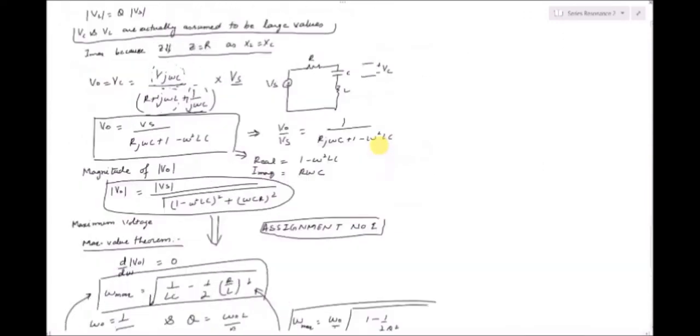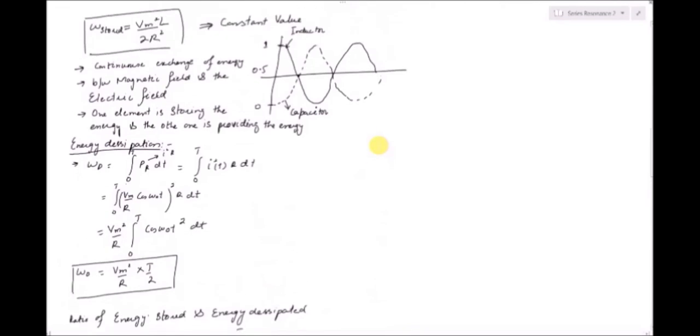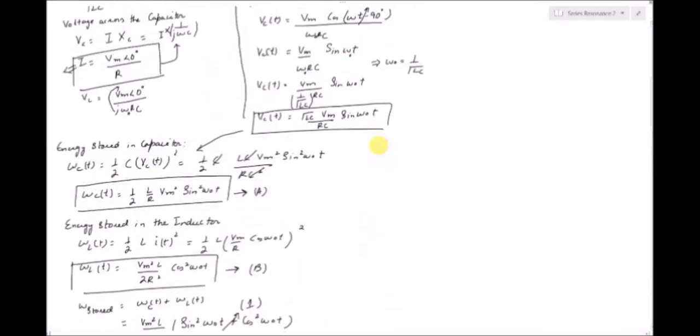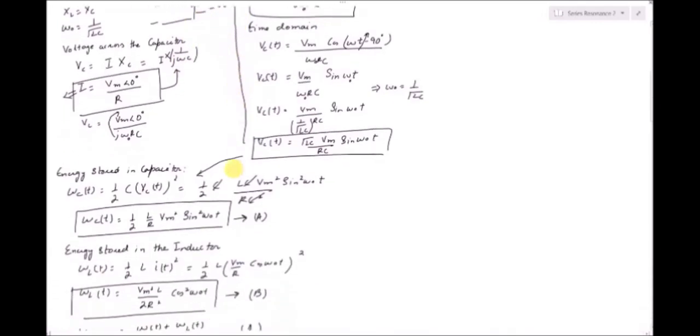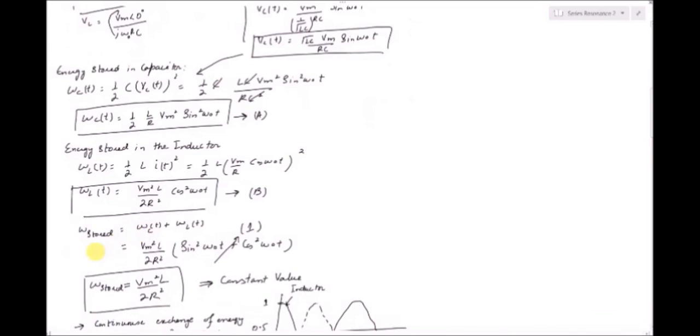We started from the energy analysis of the series RLC circuit, and we tried to find out the energy stored in the inductor as well as the capacitor. So first we calculated the voltage across the capacitor, and from there we calculated the energy stored in the capacitor. Now to find the total energy stored in the RLC circuit, we added the energy stored in the capacitor and in the inductor.